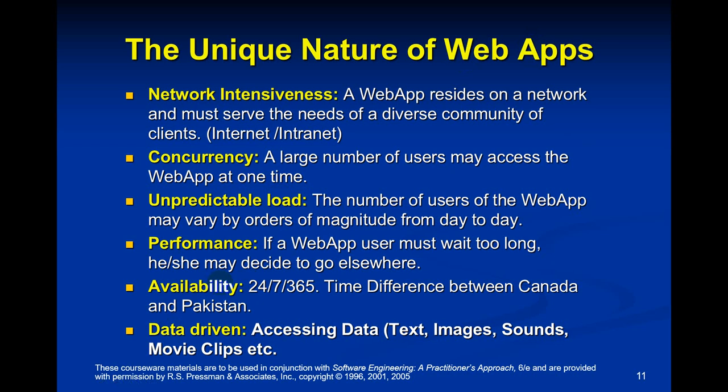It is not only in Pakistan. When we have night, then in Canada or America it is daytime, so they want to access that. So availability must be all the time, and that is why we say that a web application must be available 24 hours a day, 7 days a week, and 365 days a year. All the time it must be available.